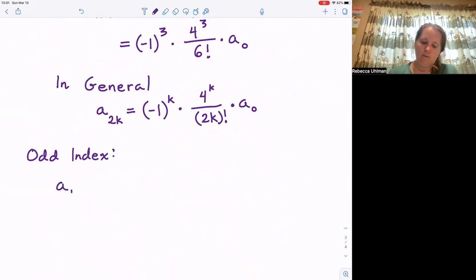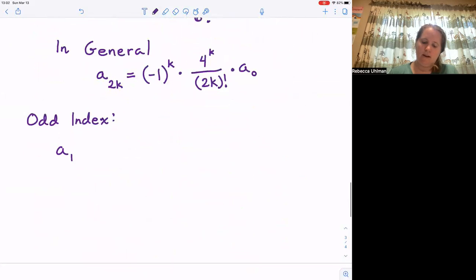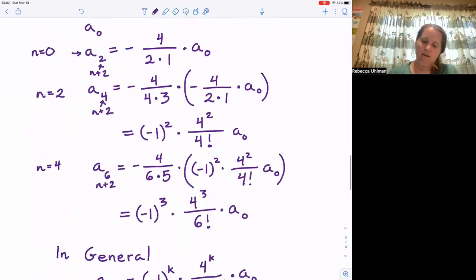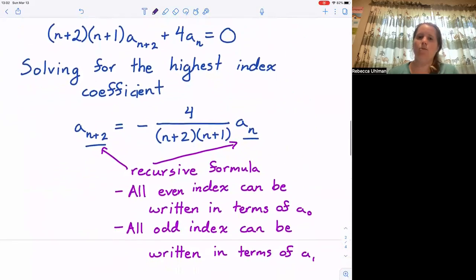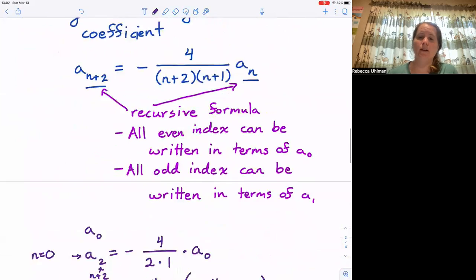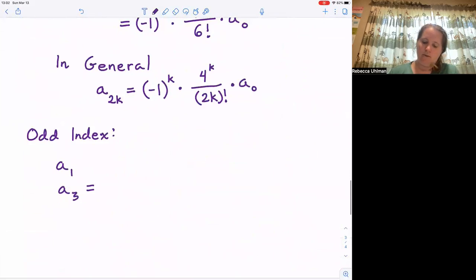So whatever our a1 is, a3, we are looking at our original formula, negative 4 over n plus 2 times n plus 1 times an. So we would do negative 4 over, in this case, we're using n equals 1, and here n plus 2 gives us 3.